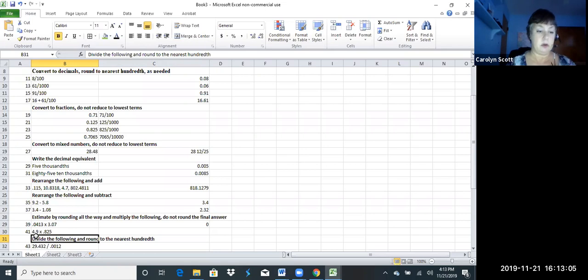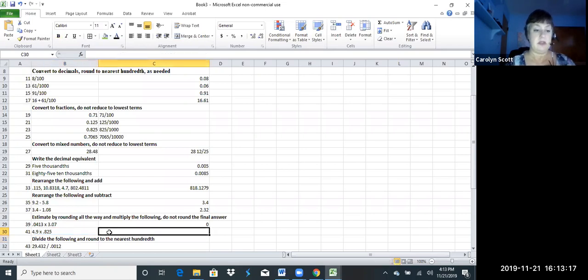Now, if we look at our other number, 4.9, we know that 9 is greater than 5, so we move it from the tenths place and make it a 1 in the ones place. So that leaves us with 5 times 0.8, which is 4.